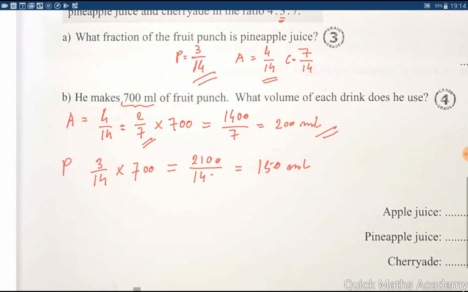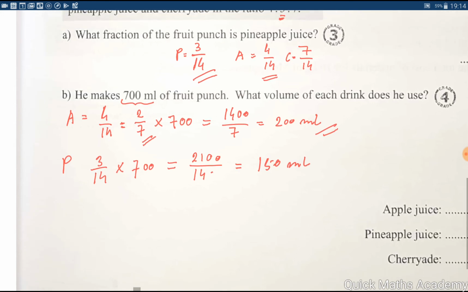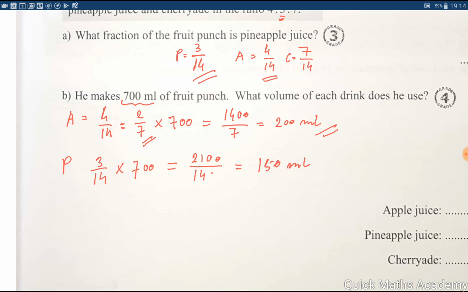Now the last one is the easiest one, because we know that 7 over 14 is half of the fruit punch that we made. 7 over 14 is the same as 1 over 2.